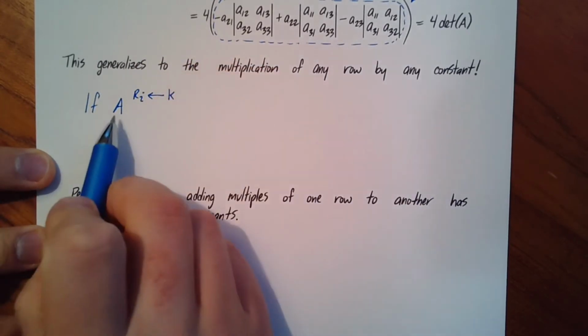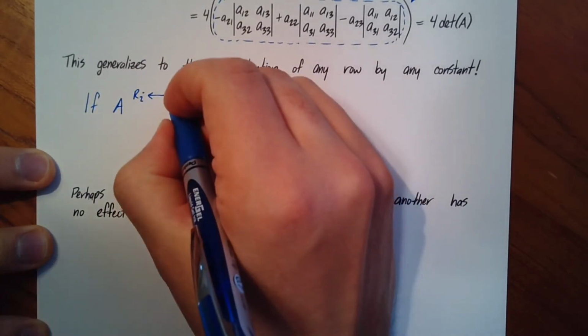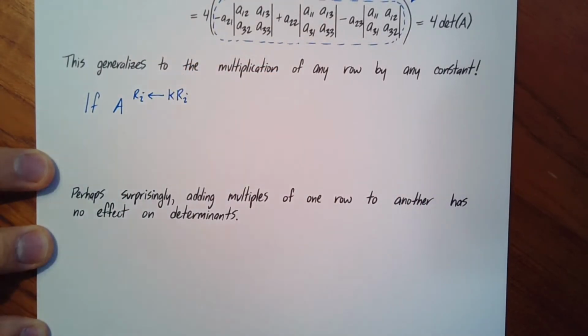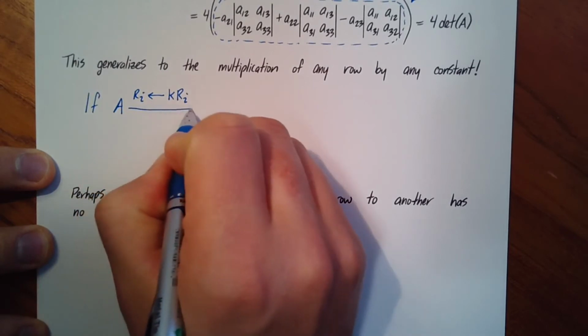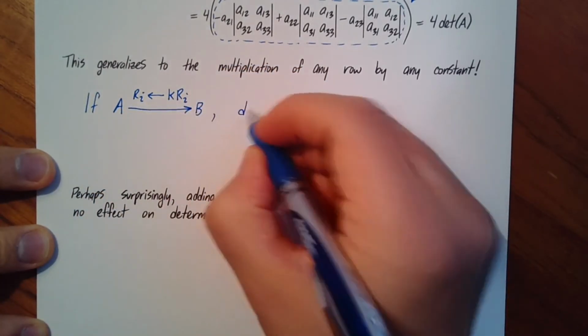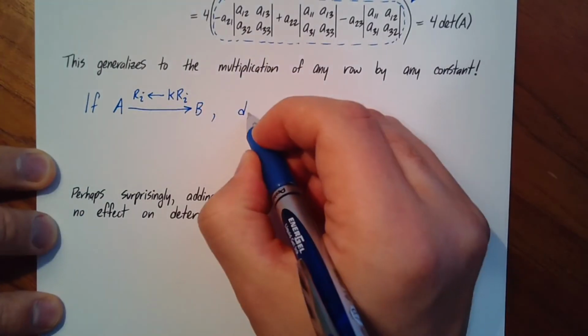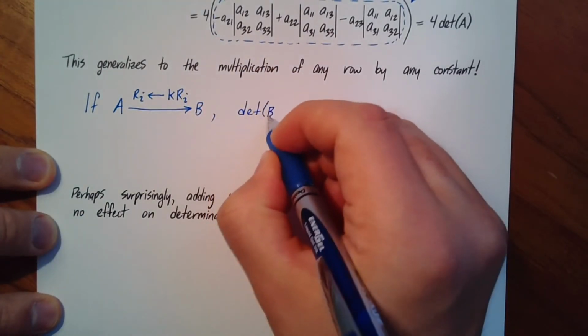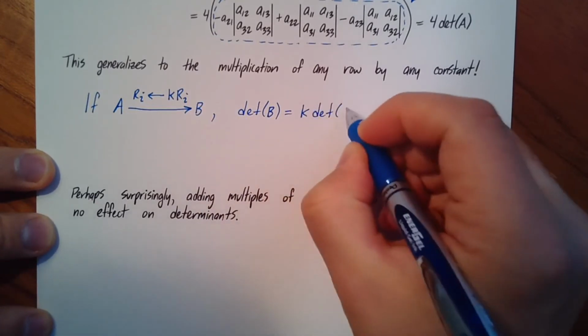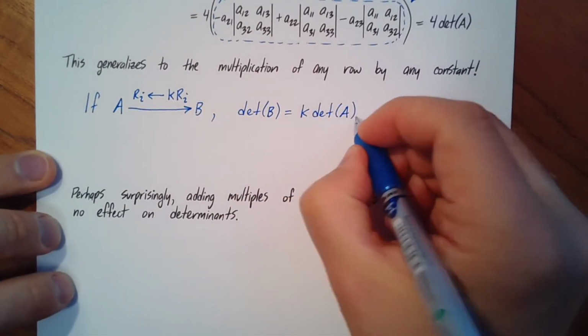So I'll say if A can be carried to B by multiplying the ith row by the non-zero constant K, well, then we're going to have the same thing happening. The determinant of B is going to be K times the determinant of A.